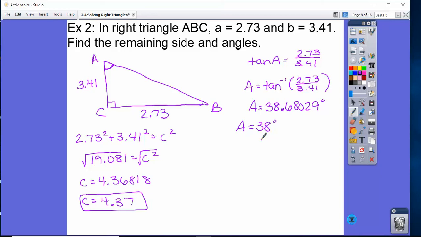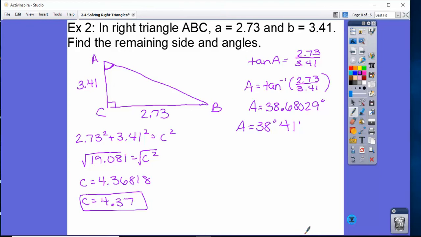So let's take that times 60. Let's say I wanted just to the nearest minute. We're not going to do minutes and seconds because we only had 3 significant digits for our sides. So what would you call that to the nearest minute? 41 minutes. Okay, so whether I ask for decimals or degrees and minutes, could you guys handle that?